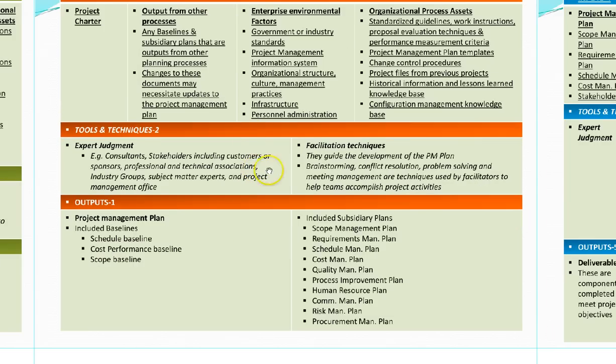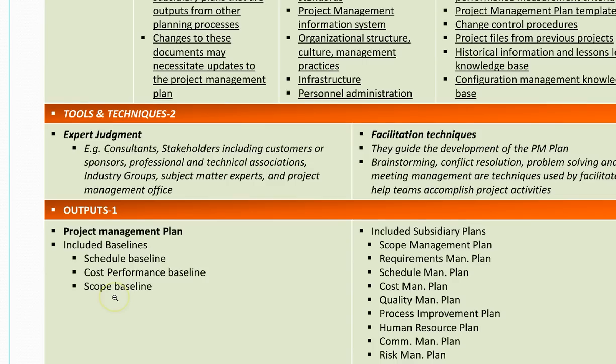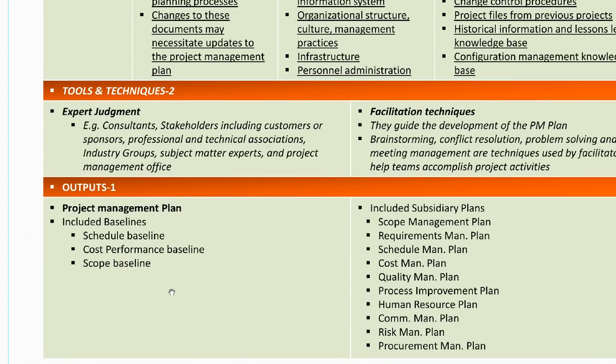Now the only output in develop project management plan is, obviously, the only document that comes out, which is the project management plan. Now, what does the project management plan include? It includes the schedule baseline, the cost performance baseline, and the scope baseline. And what are these baselines? These are set limitations as to how much time this project should take, how much this project should cost, and what the scope of this project is.